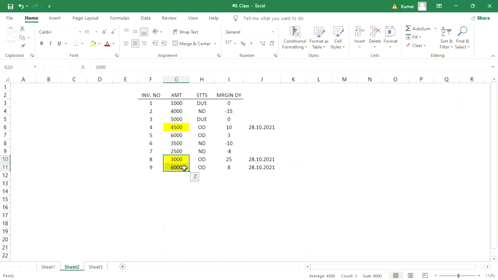Why? Because today itself we have sent a reminder, and tomorrow again a second reminder would be sent. So we must have a certain interval, say a margin of 10 days between the first reminder and the second reminder. So what should be the gap? 10 days, 15 days, 8 days. That also must be there.